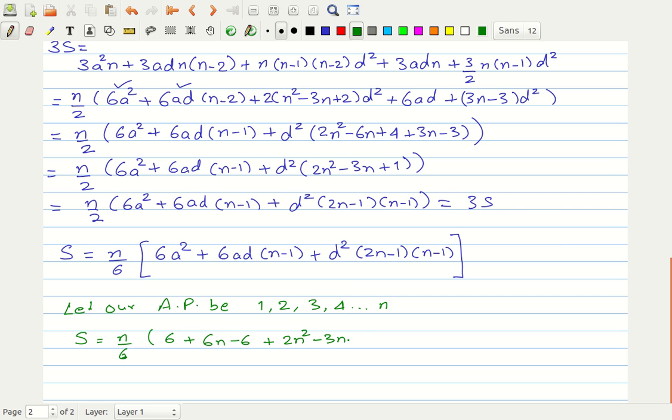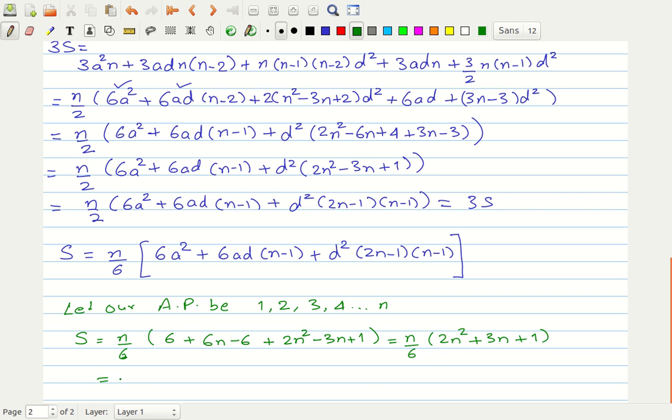If you simplify this, this becomes n by 6 times 2n square minus 3n plus 6n gives you plus 3n, and 6 minus 6 is 0, plus 1.